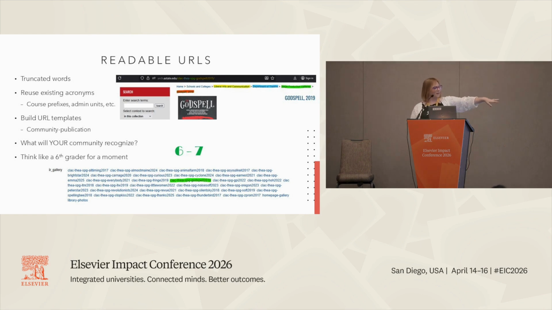And you can see here with this example, it's kind of small, but we have, oh my gosh, I have like 20 years of theater production photographs. This is not all of them. This is only a very small portion. And so CLAC, everybody at our college knows CLAC is the College of Liberal Arts and Communication.